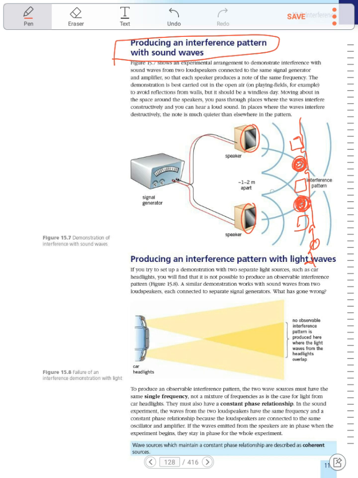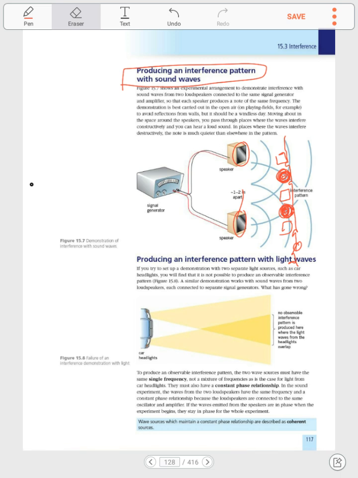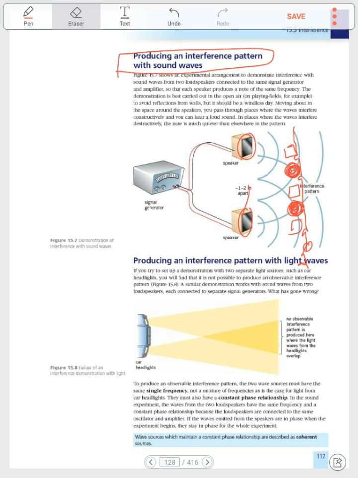Because here we have a constructive interference and we have a destructive interference in other places. Okay, so what happens in light is the same as what happens in sound.